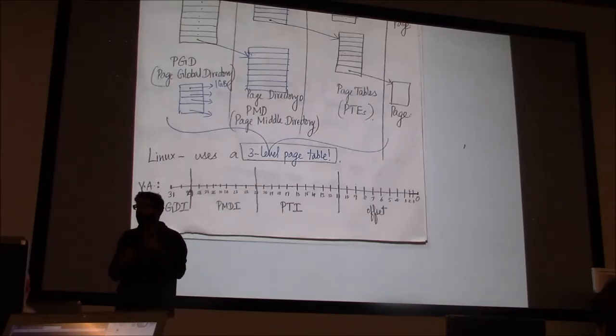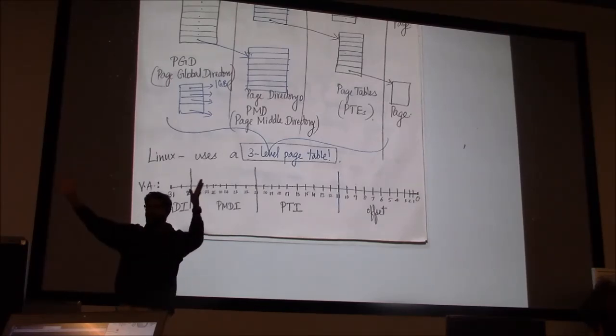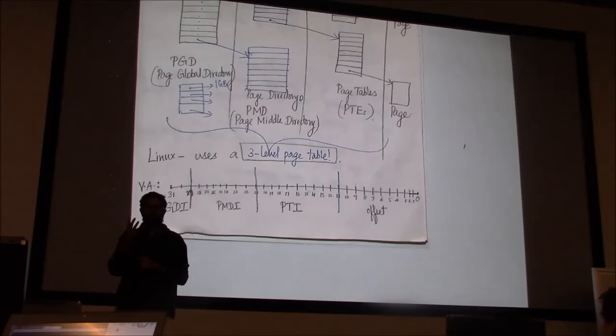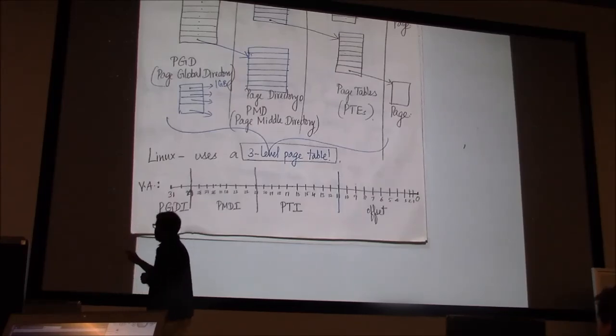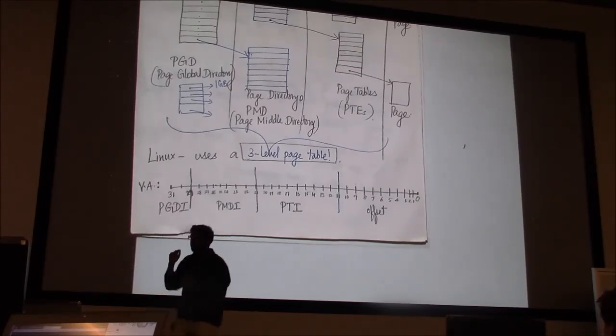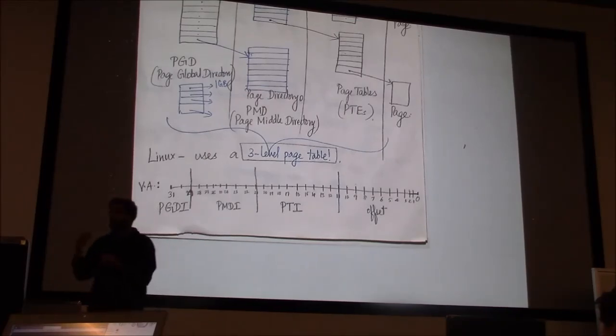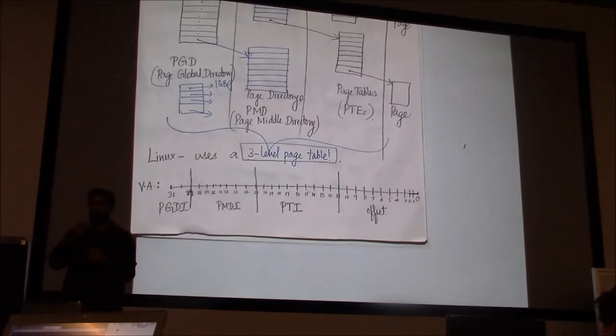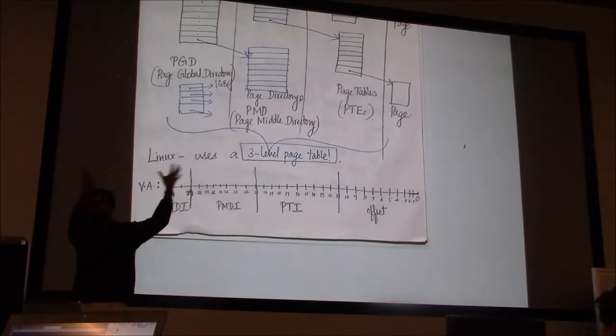And what is the maximum size that a single entry in the page global directory can point to? Remember, we have 4 GB of virtual address space, and you have only 2 bits for a page global directory index. So the maximum memory that a single entry in a page global directory points to is actually 1 GB.